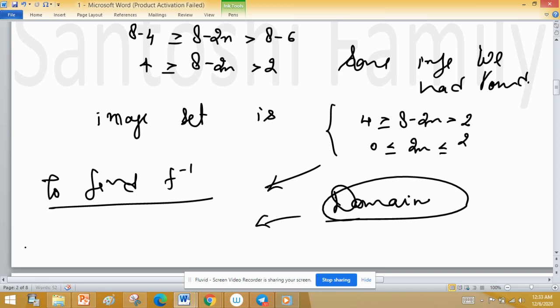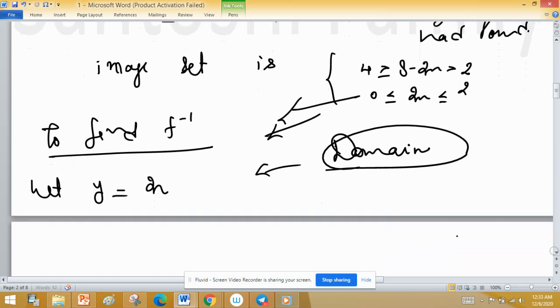So let y equal 2x. First we are working for this inequality 0 less than or equal to 2x less than or equal to 2. So let y equal 2x, then x equals y upon 2.